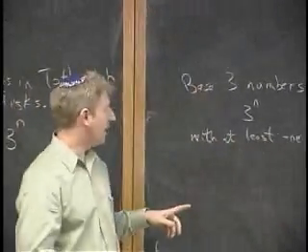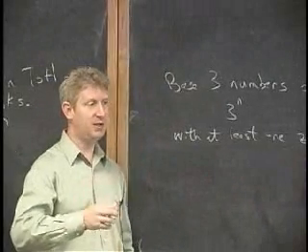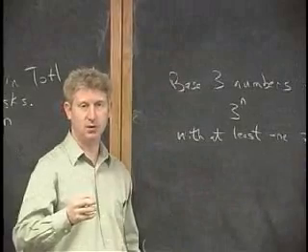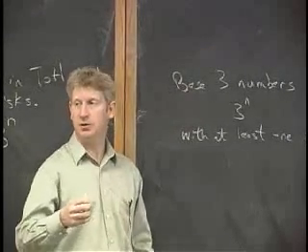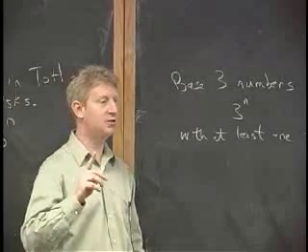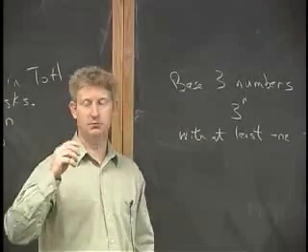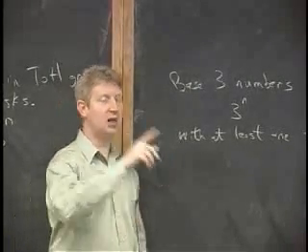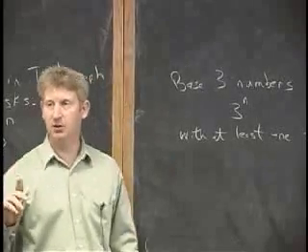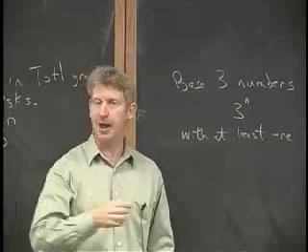The base 3 numbers that have at least 1 zero are the complement of the base 3 numbers that have no zeros. If they have no zeros, that's the same as the base 3 numbers that have 1s and 2s. Base 3 numbers that have 1s and 2s exclusively is the same thing as binary numbers.